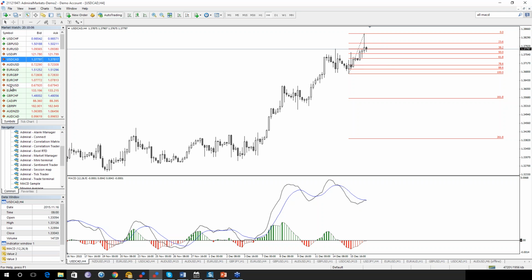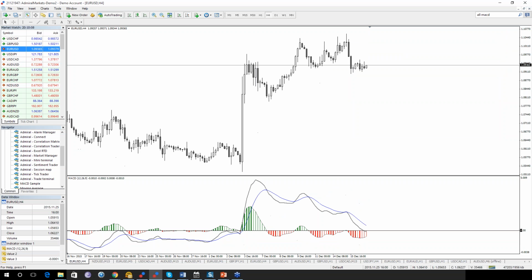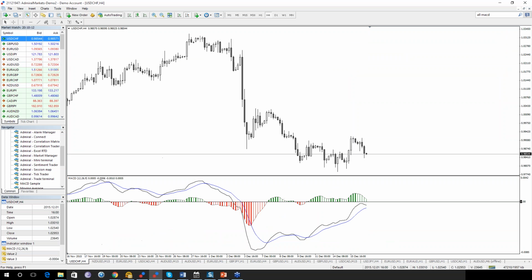Okay, let's see another example. Euro dollar not clear. Dollar Swissy, okay. Dollar Swissy 4-hour time frame, guys, obviously downtrend, because both of these lines are below the zero line, but this is a retracement in downtrend.